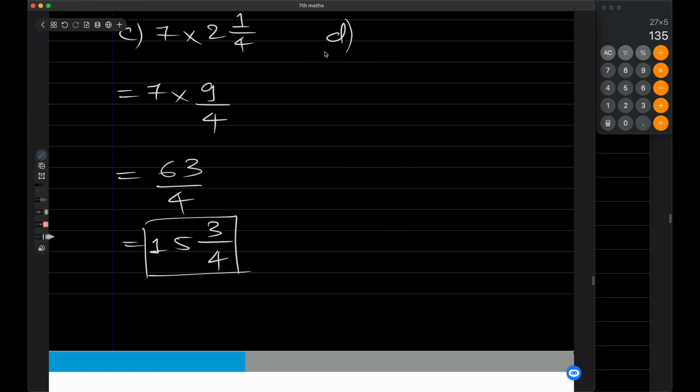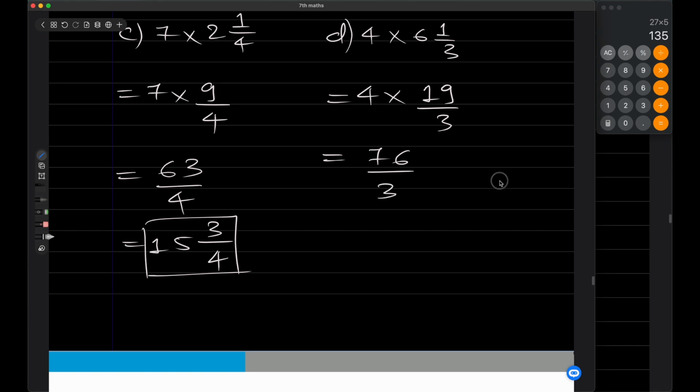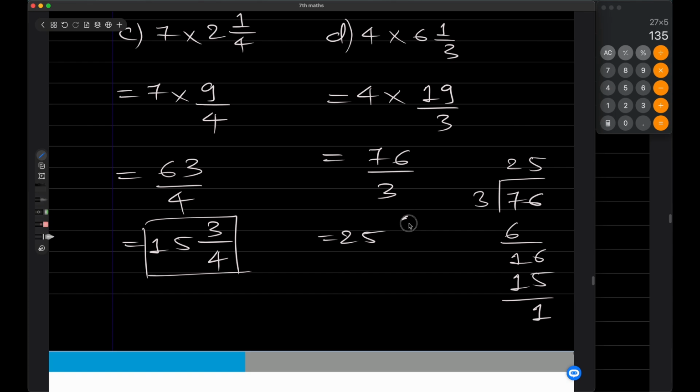Now D, 4 into 6 1 by 3. First convert it into improper fraction, that is 6 3s are 18 plus 1 is 19 divided by 3. 19 into 4, 76 divided by 3, and to convert it into mixed fraction, we have 25 complete, 1 divided by 3.